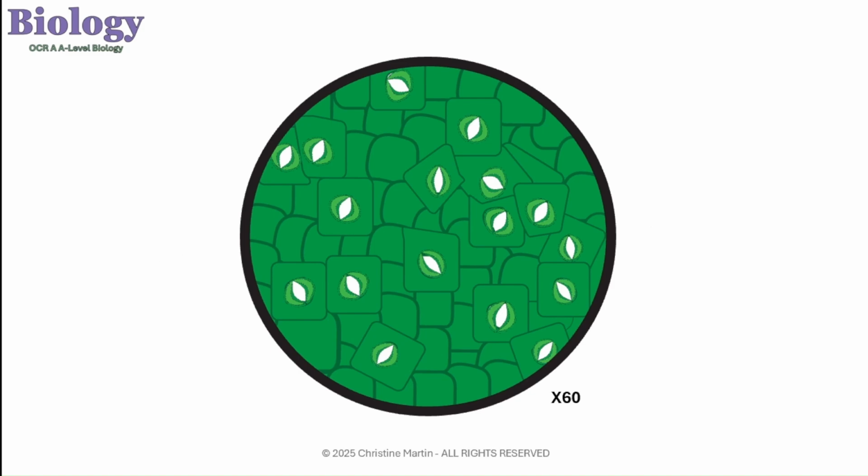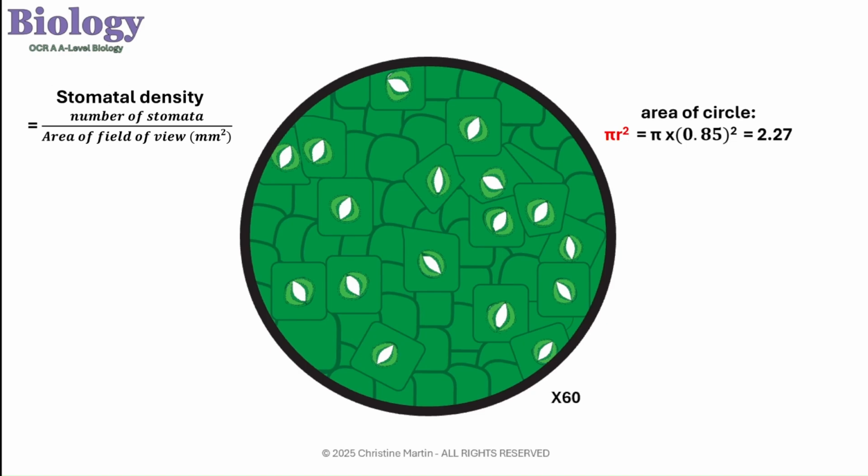The field of view area is determined using an eyepiece graticule, and stomata density, so stomata per millimeter squared, is calculated. So if I have the diameter of my field of view being 1.7 millimeters, I can calculate what my radius is, and then I can use that to work out the area of a circle, pi r squared.